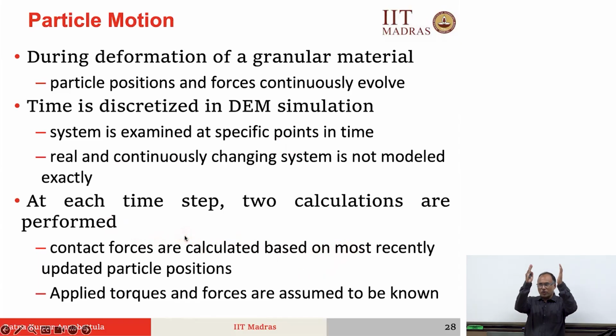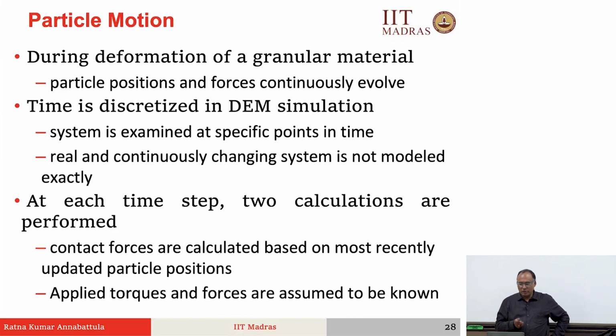Because you are frozen at this point, based on the positions of the particles at that instance, you may have some particles with interpenetration, some without. All these particles you will look at and then calculate the contact force. And then you also look at applied torques, if there is any moment that is applied.